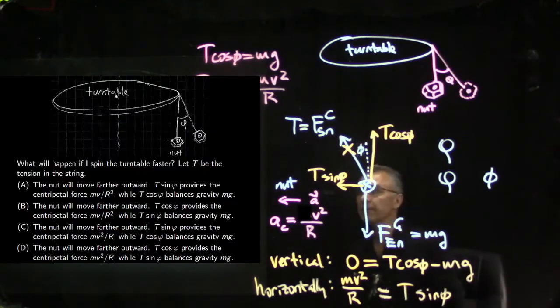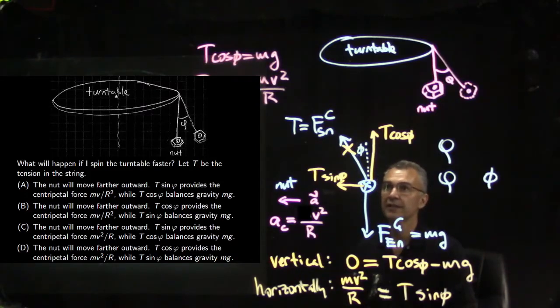If we go back to the multiple choice question, the centripetal force is mv squared over r, so it must be either C or D. And it turns out that T sine phi provides the centripetal force, while T cosine phi balances gravity. And that sine and cosine are backward a little bit from what you're accustomed to, because in this case we're measuring phi with respect to the vertical, whereas more commonly we measure theta with respect to the horizontal.